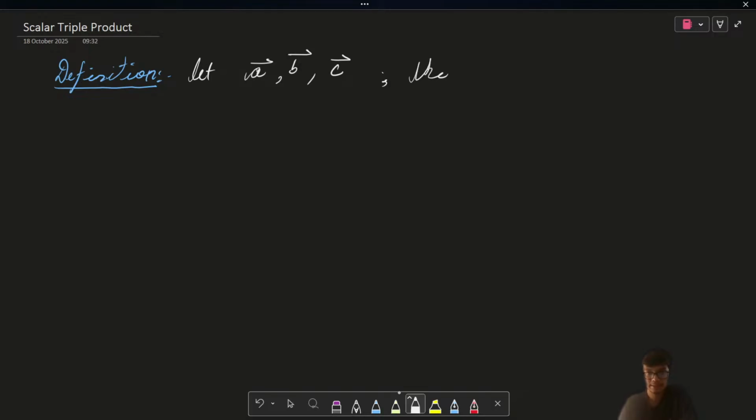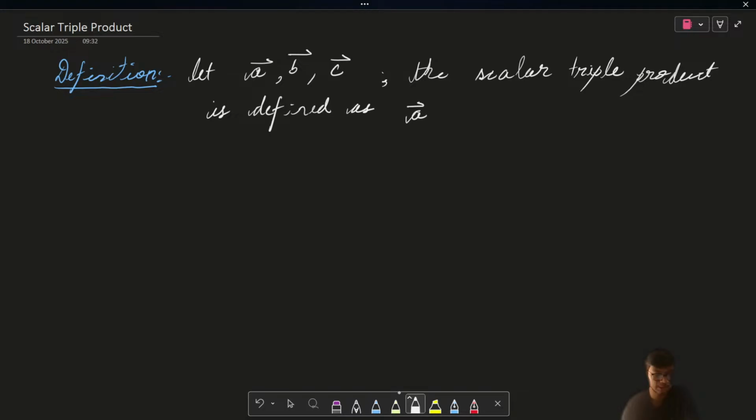Then the scalar triple product is defined as A vector cross B vector dot with C vector. Whenever we see this result, it is called the scalar triple product. So scalar triple product simply implies A cross B dot with C vector.